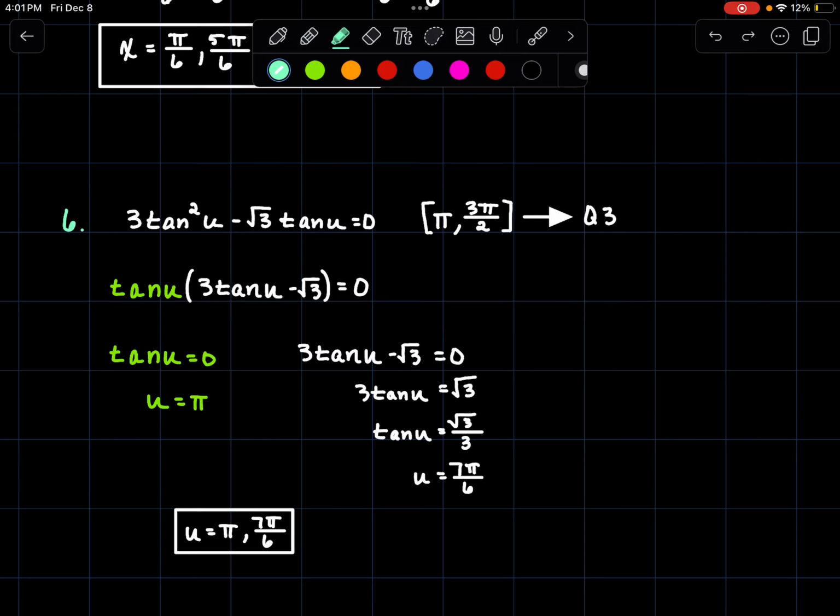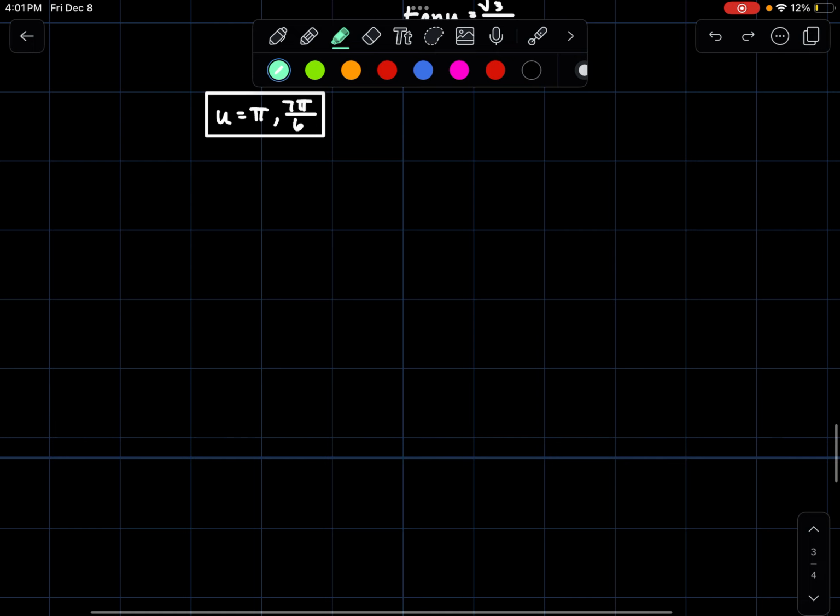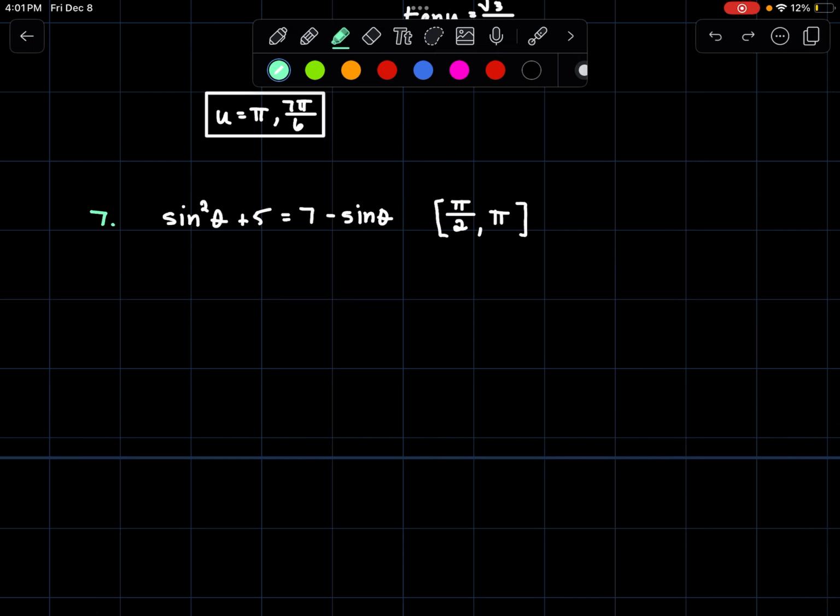Okay, 2 more examples to look through. We have sine squared plus 5 equal to 7 minus sine. And we're going to do this between pi over 2 to pi, which would be in the second quadrant. One thing I am going to do is bring everything over to one side of the equal sign, and this looks like it's in a quadratic form, so I'm going to have to factor this using the AC method.